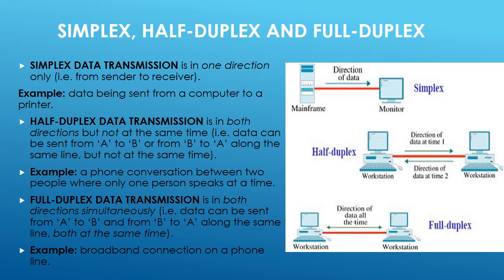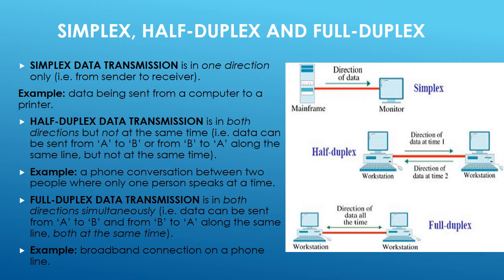In the third mode of data transmission, that is full duplex data transmission, transmission is in both directions simultaneously. That is, data can be sent from source A to destination B and from destination B to source A along the same line, both at the same time. So this is bidirectional transmission of data.